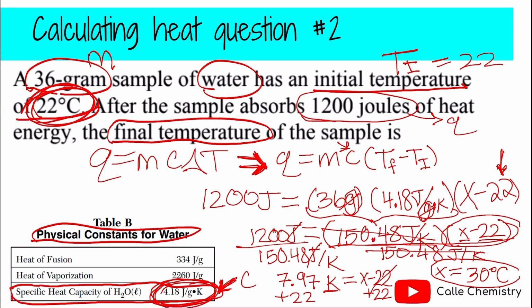So let's say I would change the number 22 to Kelvin, which would be add 273. And I would also change 30 degrees Celsius also to Kelvin, which would be add 273.